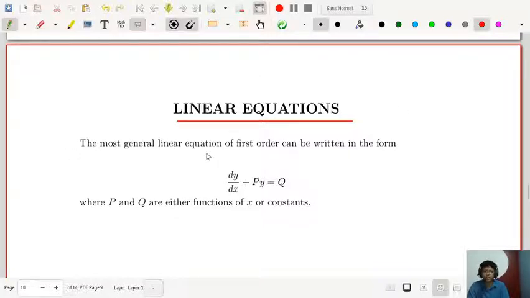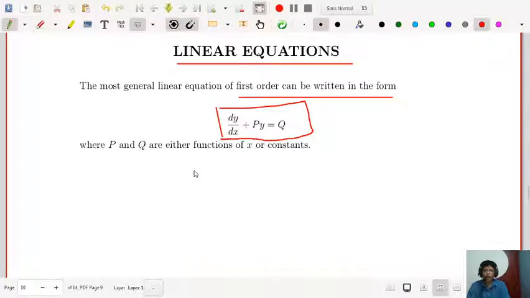The most general linear equation of first order can be written in the form dy/dx plus py equal to q, where p and q are either functions of x or constants.